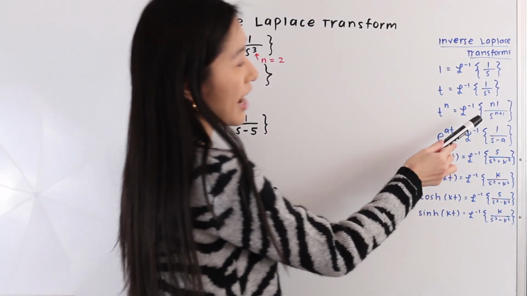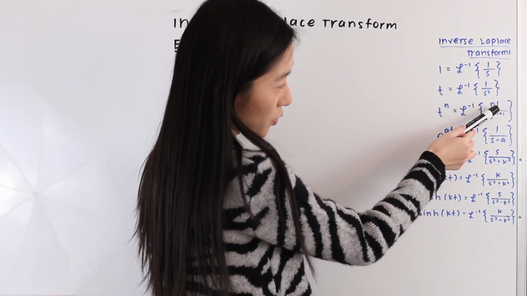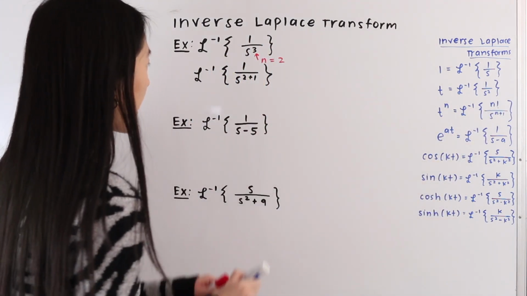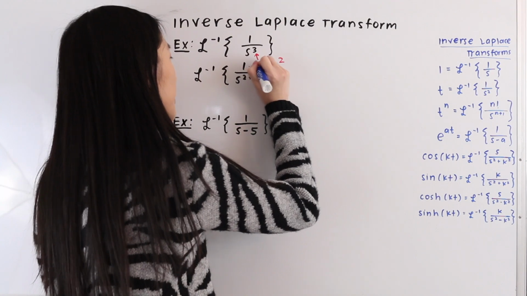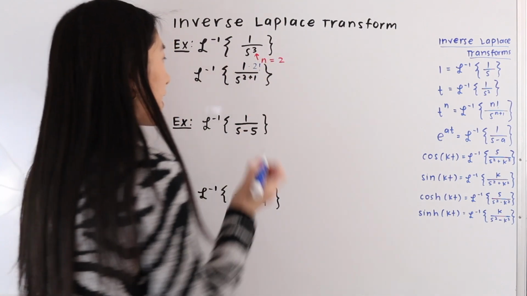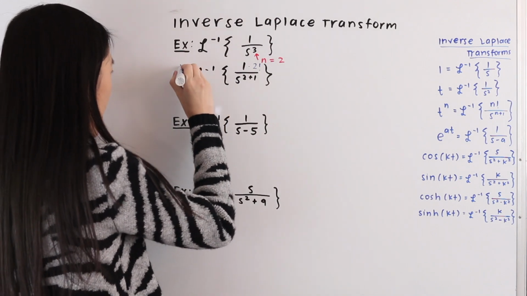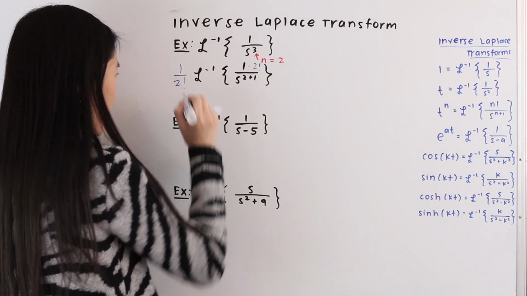And in order to match what we have here, we would need to have an n factorial in the numerator. So because n is equal to 2, let's go ahead and multiply by a 2 factorial. And so whatever we do to the numerator, we need to do to the denominator. So let's go ahead and multiply by a 1 over 2 factorial.